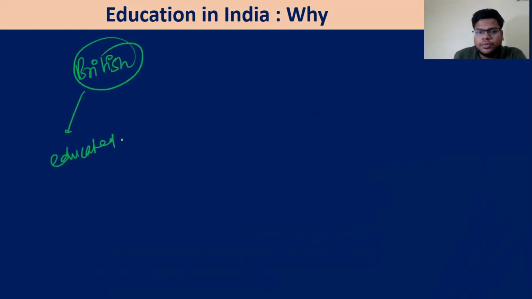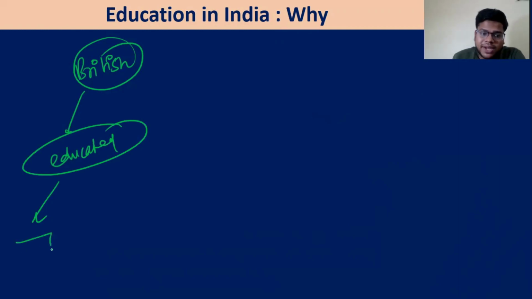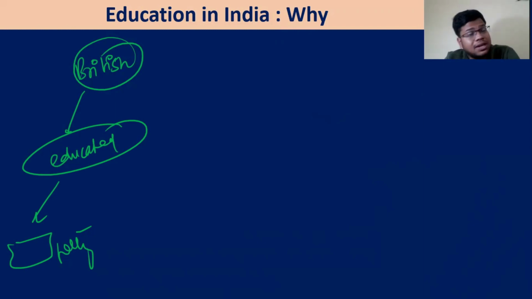Why is it so? Because they want petty officials, basically, to economize the administration. If they want a very smooth administration, or an administration which is cost efficient, they cannot bring people from England to India, because that involves a lot of cost, their logistics, their holidays, and so many things.